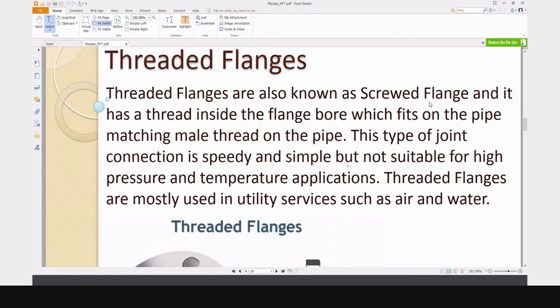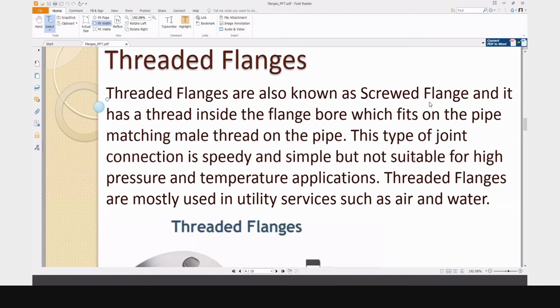The threaded flange is also known as the screwed flange, and it has thread inside the flange bore which fits on the matching male thread on the pipe outside.